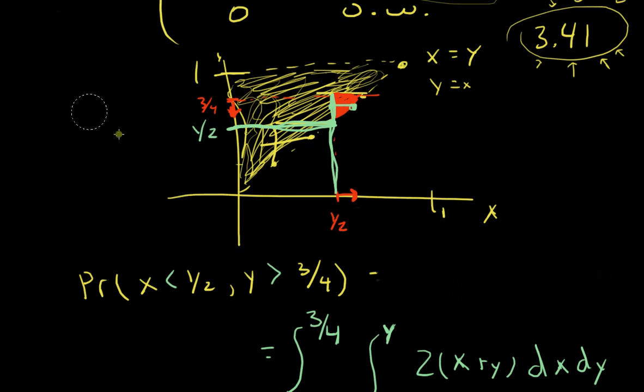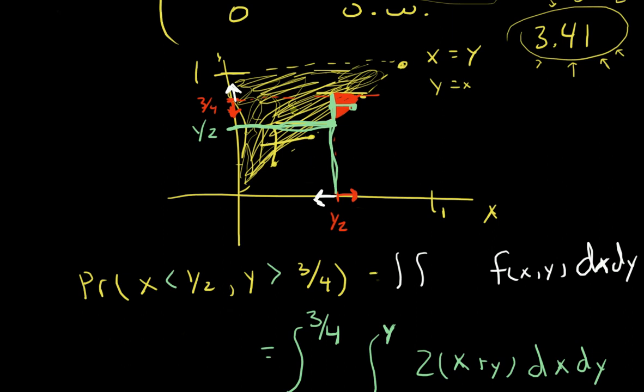I know I'm still going to have a probability involving both x and y, so I know I will be integrating the joint probability distribution function with regards to x and y. Now x is less than 1/2, so x is moving in this direction. And y is more than 3/4, so y is up there.